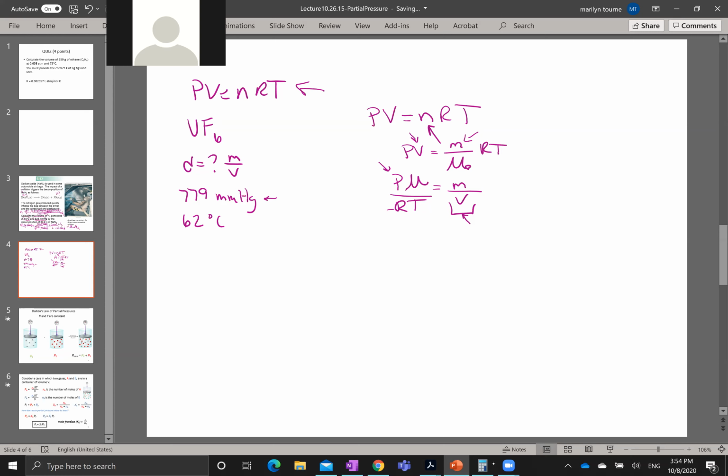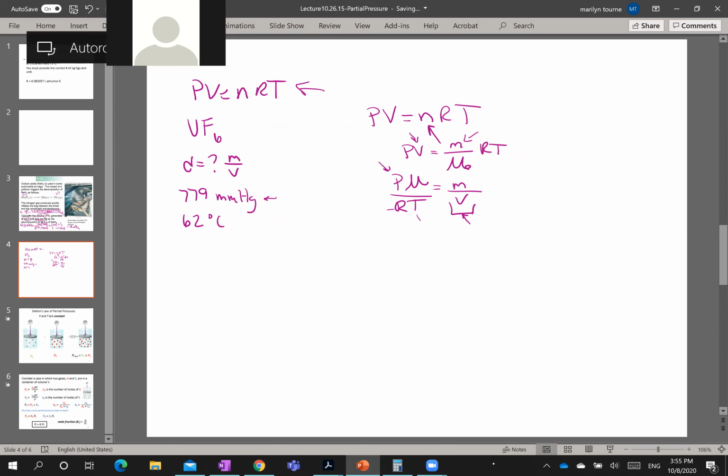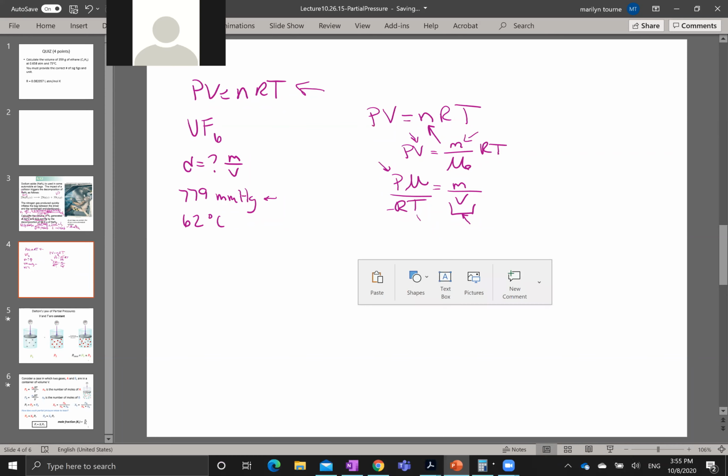So you just have to know that constant. What is T? Temperature. Did they give you the temperature? 62 degrees Celsius. Exactly. What is this fancy looking M? That's the molar mass, right? Exactly. Do you have the molar mass? You can find it because you already have the compound. Exactly. All very good, Andrew.